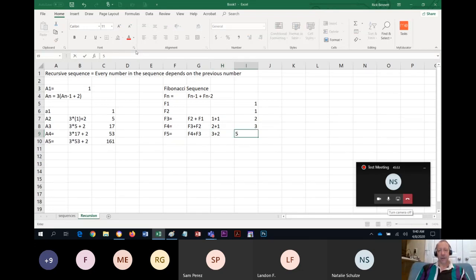In this case, it's going to be 5. So it starts out 1, 1, 2, 3, 5. And then f sub 6 equals f sub 5 plus f sub 4. F sub 5 is 5. F sub 4 is 3. So 5 plus 3 is 8. And we'll do one more. F sub 7 equals f sub 6 plus f sub 5. F sub 6 is 8 plus 5, which equals 13.